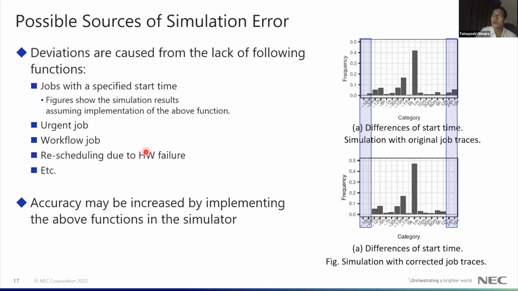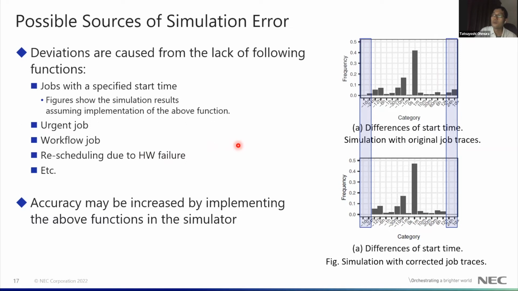In reality, AOBA-A operates a periodic job submission operation. The operation uses a function of the NQSV job scheduler that specifies when to start a job. So the simulation result will be more accurate if the function is simulated.